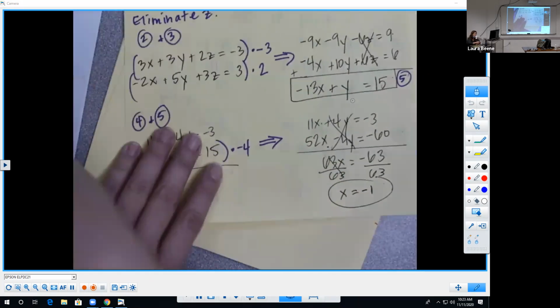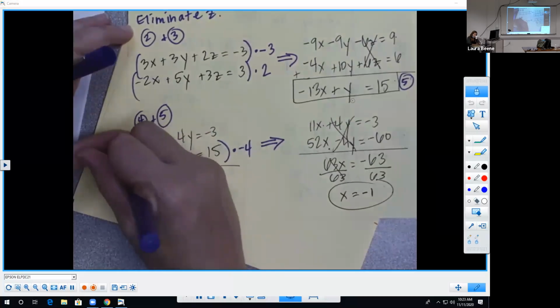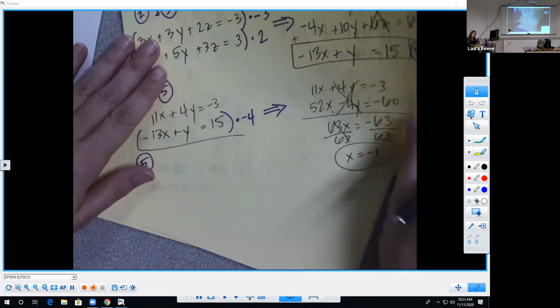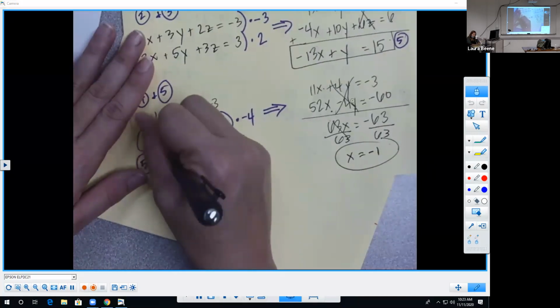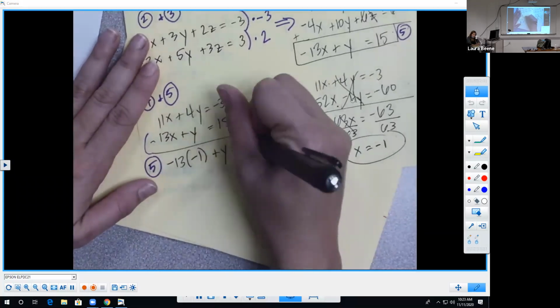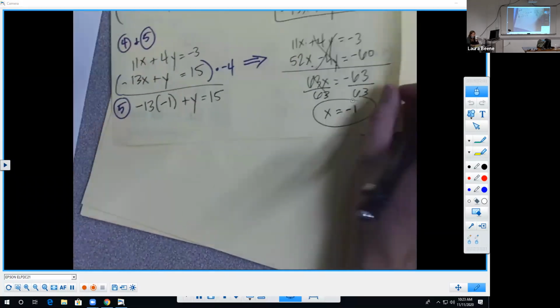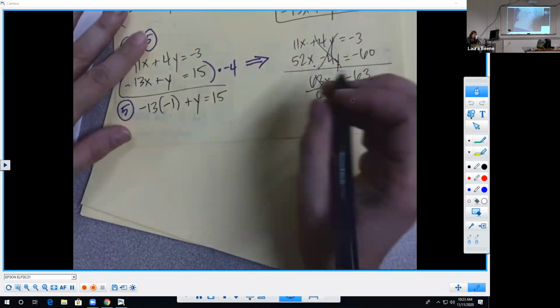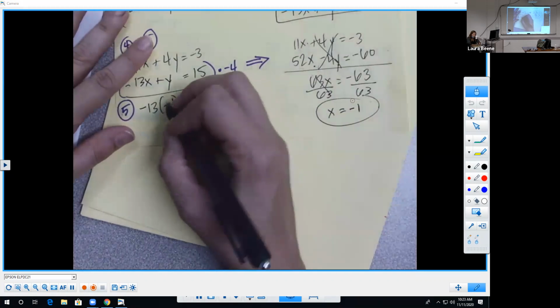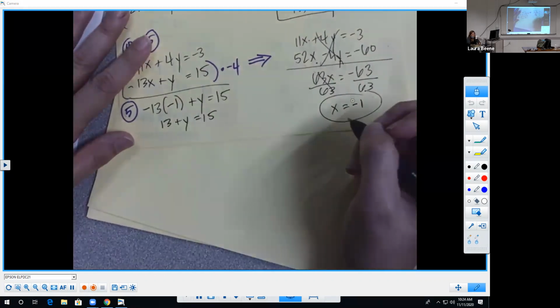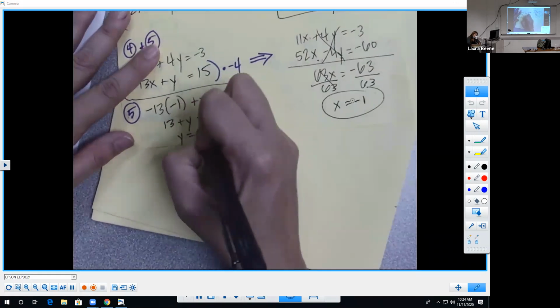I'm going to pick 5, and I'm going to plug in negative 1 for x. So equation number 5 is negative 13 times negative 1 plus y equals 15. So this is positive 13 plus y equals 15. So y equals 2.